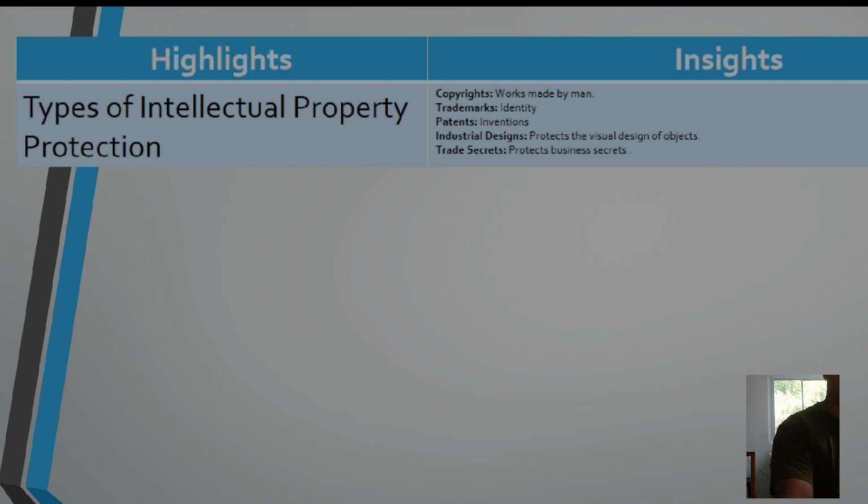Another type is the patent, which protects the inventions of an individual or an organization.